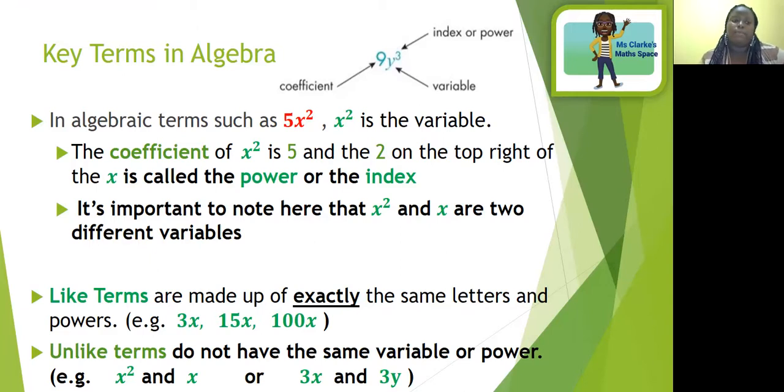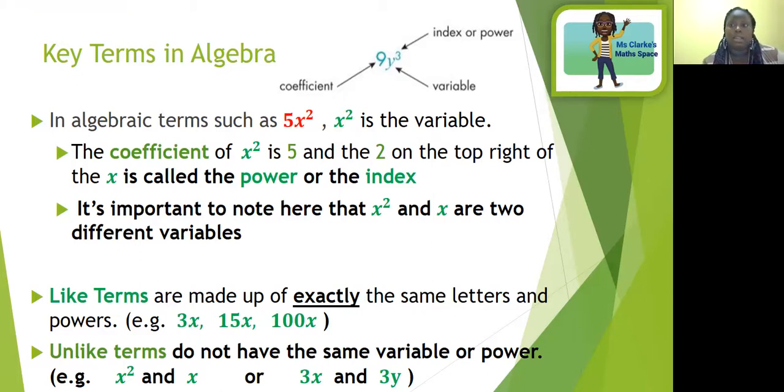Continuing, like terms are made up of exactly the same letters and powers. For example, 3x, 15x, 100x are all like terms because they have the same variable x.